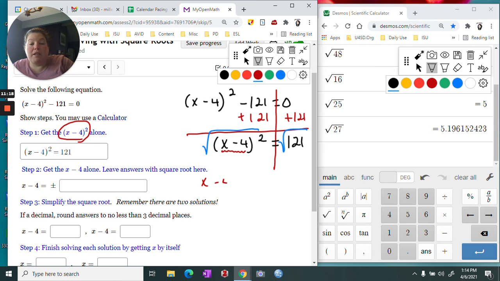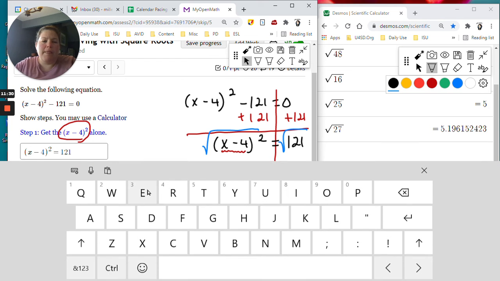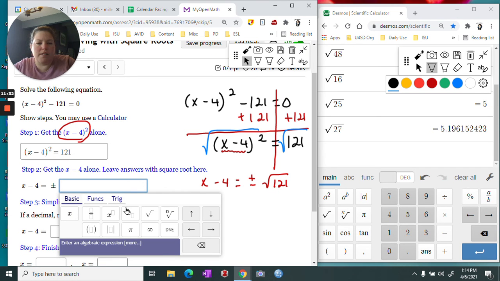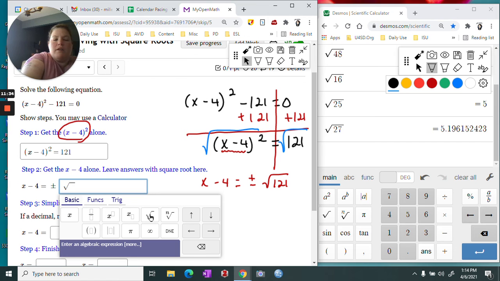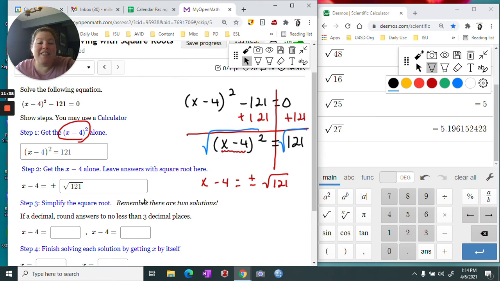So my x minus 4 equals, and then you see our plus or minus, square root of 121. So that's what I'm going to type in over here, is that square root of 121. Okay, and then simplify the square root.